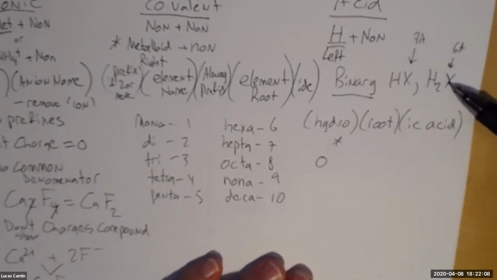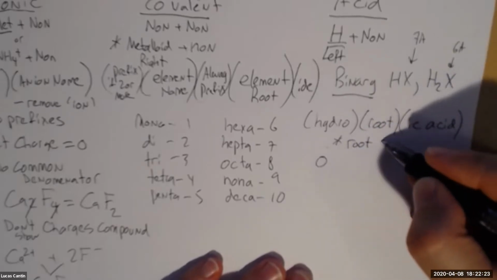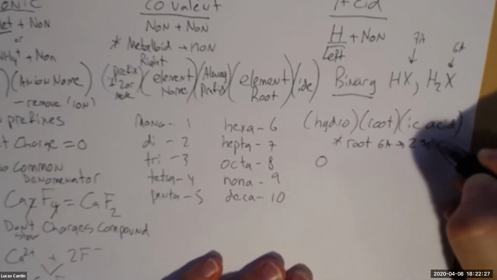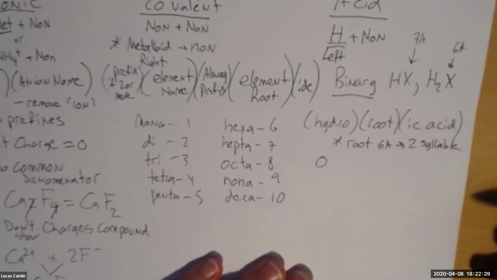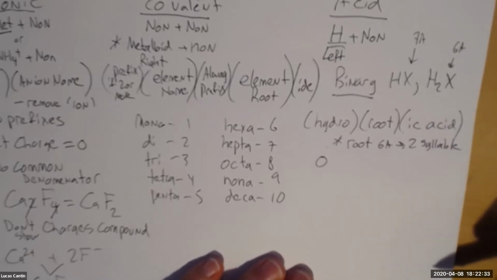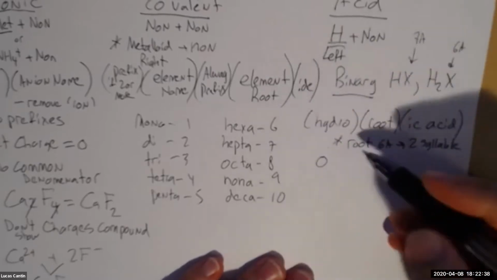Oxide, sulfide, selenide, telluride would have a -2 charge. And so for these ones, the root for the 6As gets 2 syllables. So maybe that's kind of like a little sub rule. Okay. Well, I'll just write these out and then we'll have all the rules.